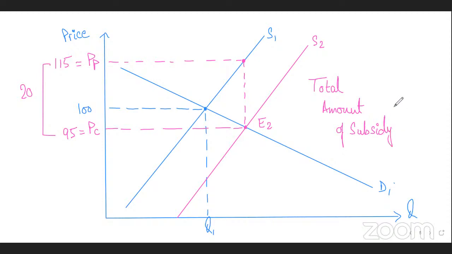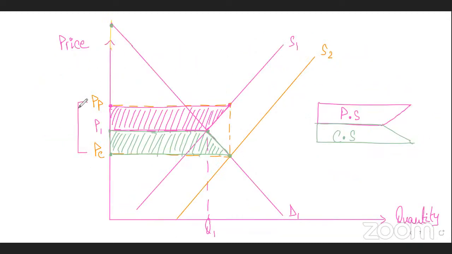That will be subsidy per unit times the new quantity. And what was the new quantity? This was the new quantity, right? Yes or no? Similarly, if you look at this, amount per unit times the new quantity.